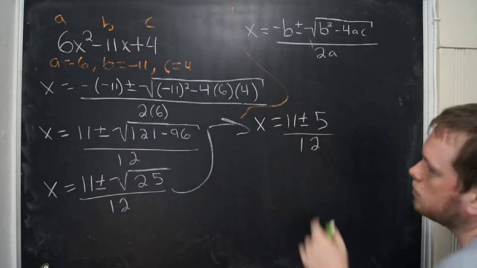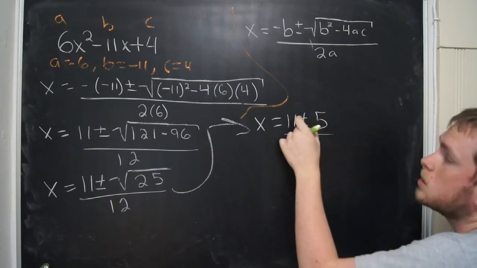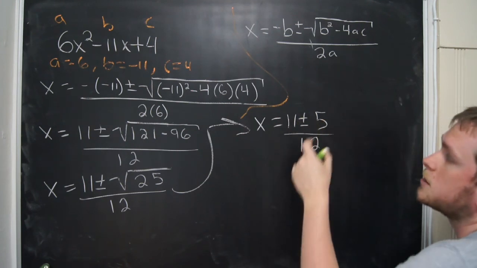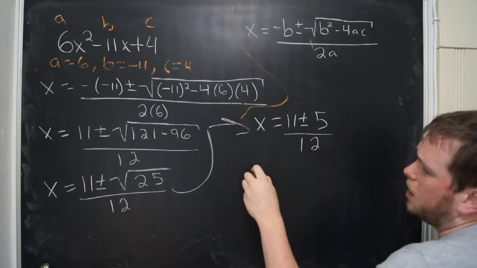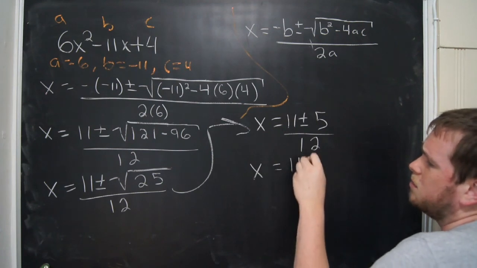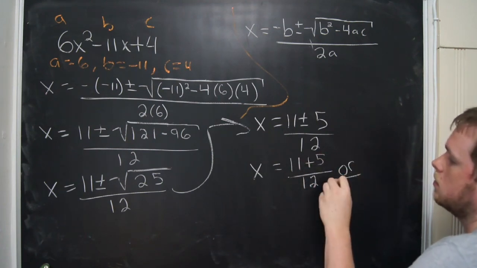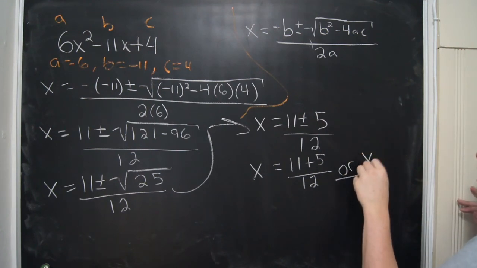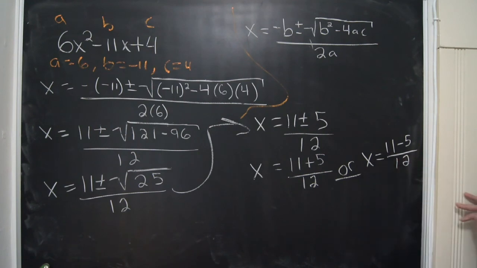Now remember, this isn't only a plus or only a minus, it's plus or minus. So our solution is going to be either 11 plus 5 over 12 or 11 minus 5 over 12.